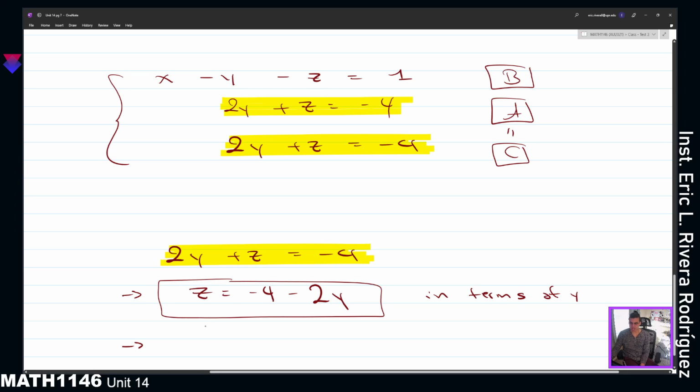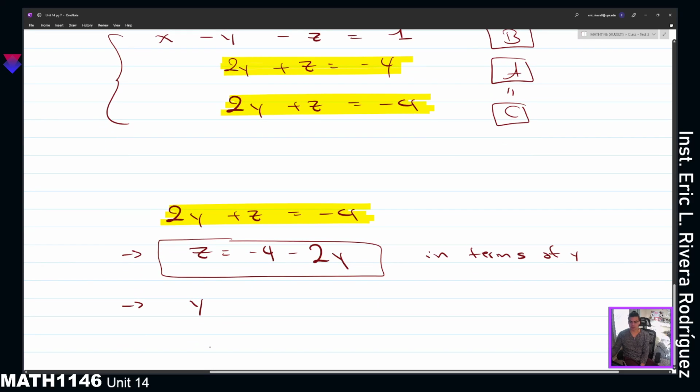What this means is that y is going to be the independent variable in this system, and z and x are going to depend on y. Okay, so z, the solution that we reach for c is -4 -2y. So that is the solution for z. We are going to leave y alone because y is going to be the independent variable here.